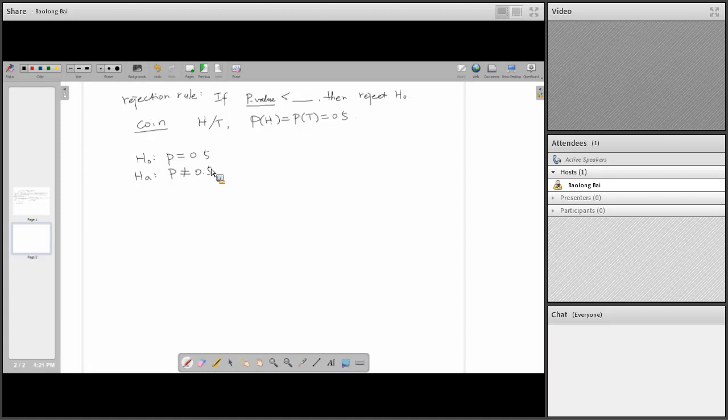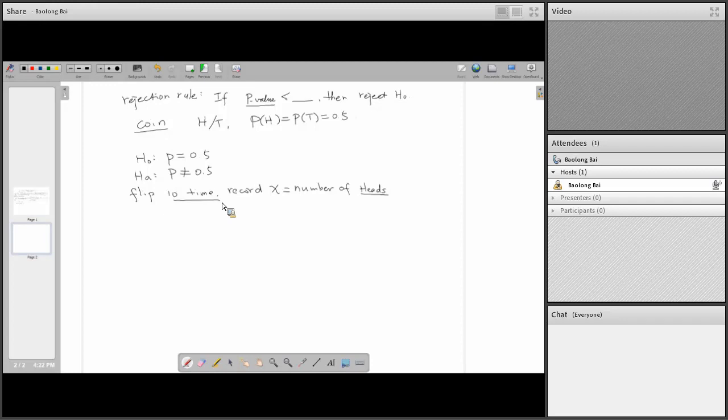Okay. So then, how do we decide which one is true or false? Now we need to collect some data, right? So we need to do an experiment. We're going to do a simple experiment. We're going to flip the coin 10 times. And we're going to record X as the number of times it shows head out of 10 times.